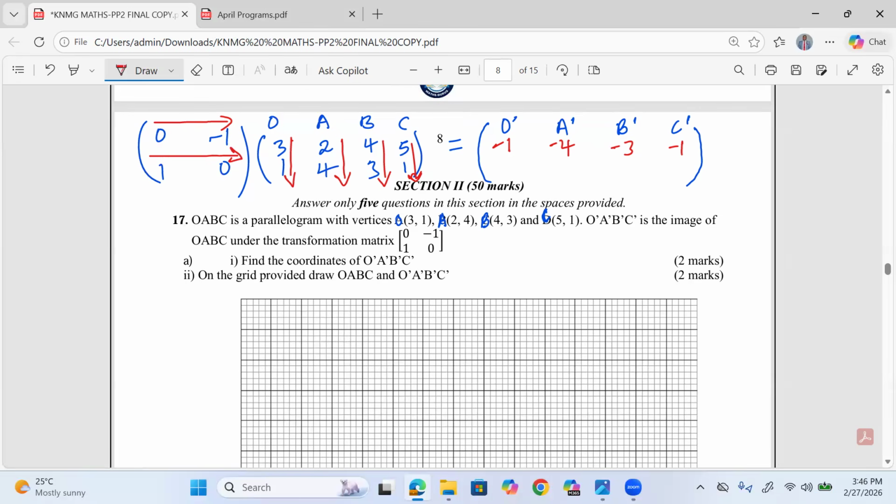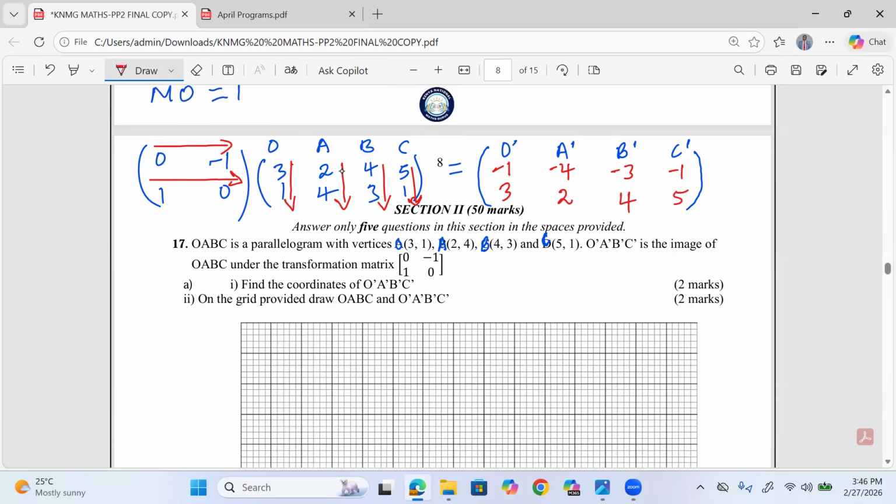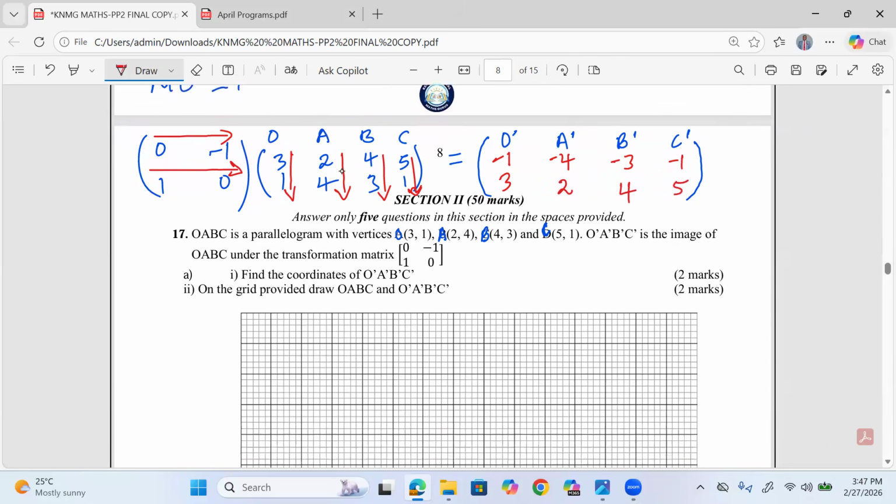Then the same row times the next column: 1 times 2 and 0 times 4, we get 2. The next is 1 by 4 and 0 by 3, we get 4. Then 1 by 5 and 0 by 1, we get 5.